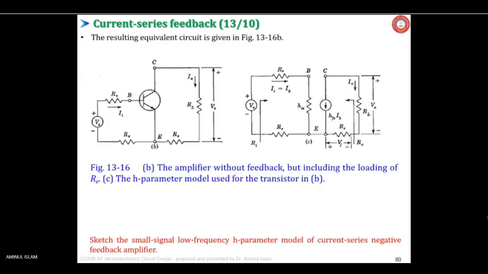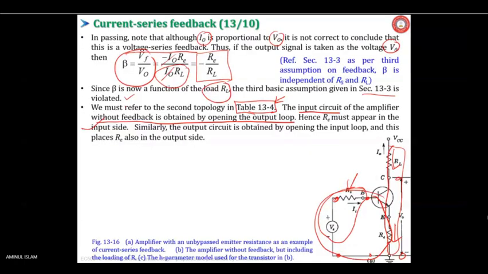Anyway, if you draw the small signal model, first of all, based on the discussion here, opening the input part, or you can say opening the VS, and getting the output loop in which RE is falling, opening the RL and getting the input loop, again RE is falling into the input side.